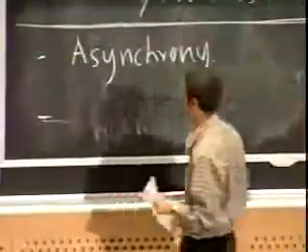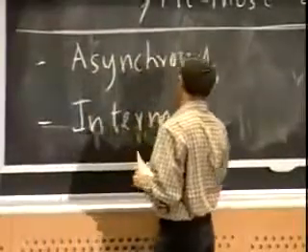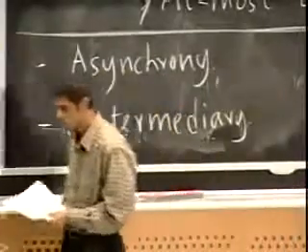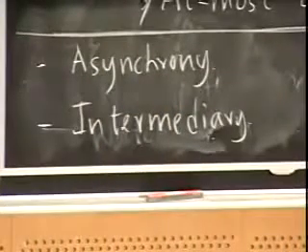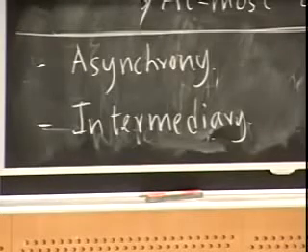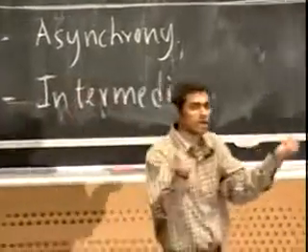So that's the first way in which people have extended it. The second way in which people have extended it is using this intermediary idea that we talked about before, where the service is a trusted intermediary, to design remote message-based communication systems where the client and service don't actually have to be up and running at the same time.